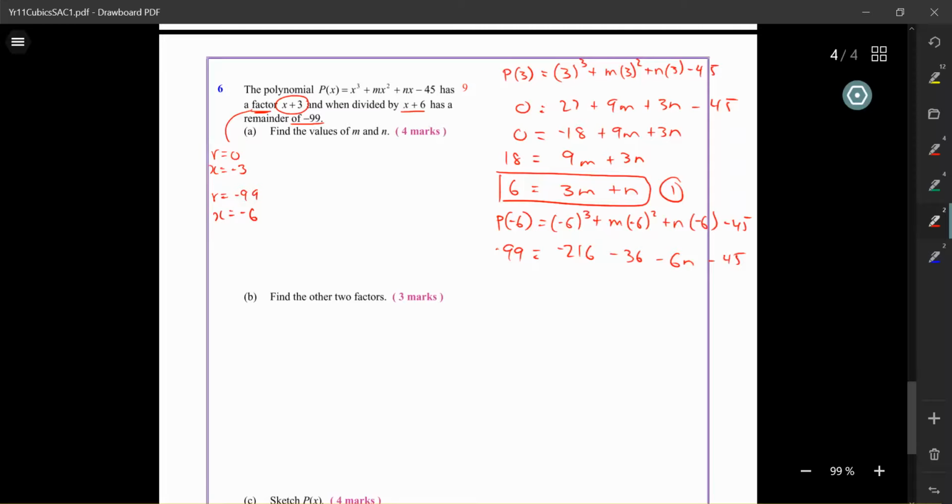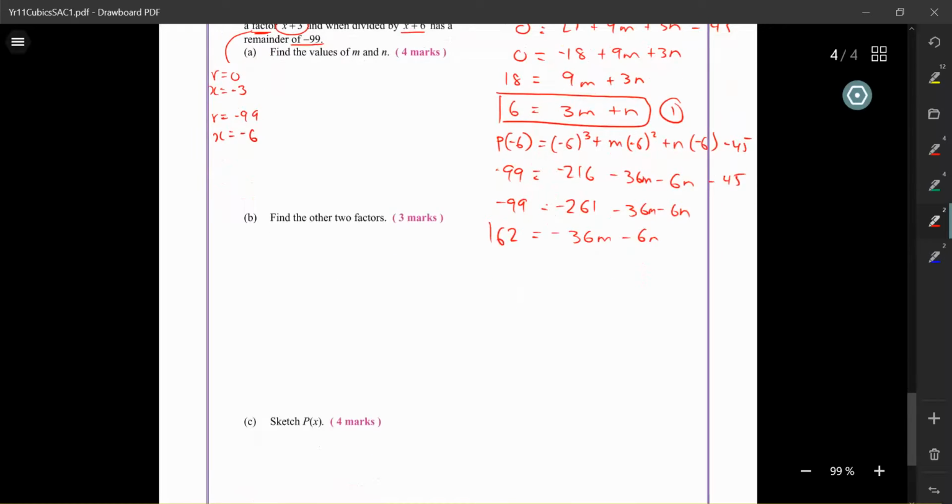So negative 216 minus 45 is negative 261, plus 36m, oh wait, I'm missing the m. And minus 6n, and this is negative 99. Add 261 on both sides, and you get 162 is equal to negative 36m minus 6n. Yeah, I find this strange to do all by hand.